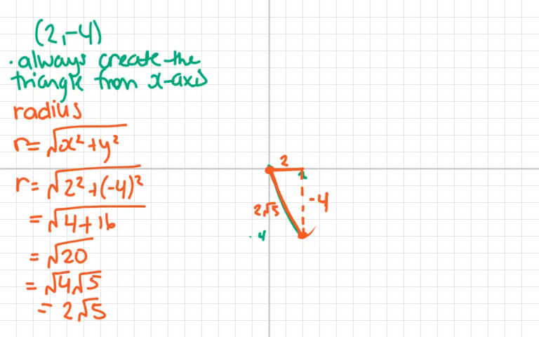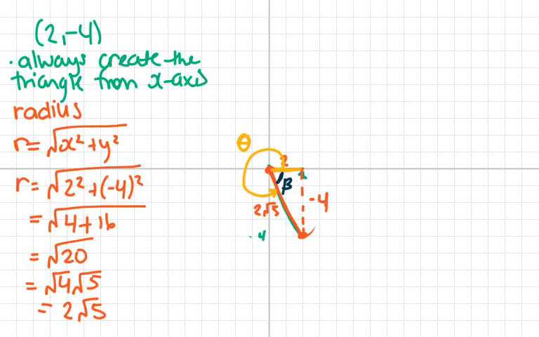Remember that for the principal angle, I start from the x-axis and then I go counterclockwise until I reach my line. Okay, so this is the angle I'm looking for. But I have this triangle over here. So I can find this angle theta using this angle here, which would be the related acute angle, angle beta. So I'm going to find angle beta, and then I'll use it to find theta.